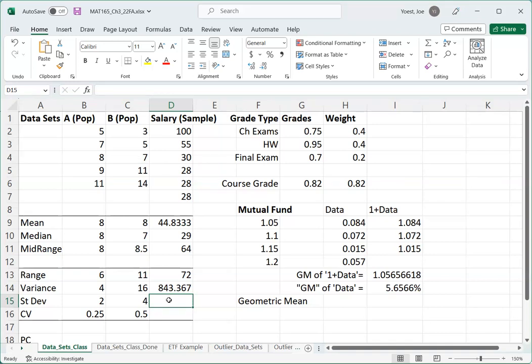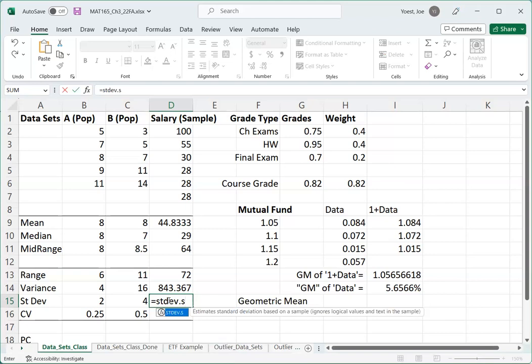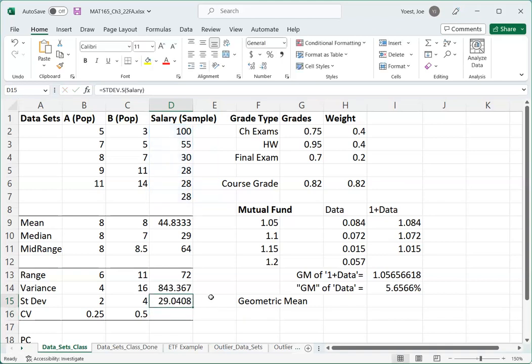Doesn't make a whole heck of a lot of sense. So we compute the standard deviation, STDEV.S, sample standard deviation, for the salary being a sample. I'll start typing in salary and then tab to autocomplete. Close the parentheses, and I see now my standard deviation is in units of the original data. $29,000 is the standard deviation for the salary data.